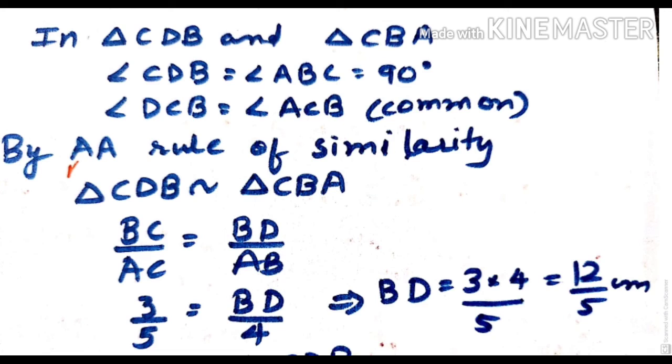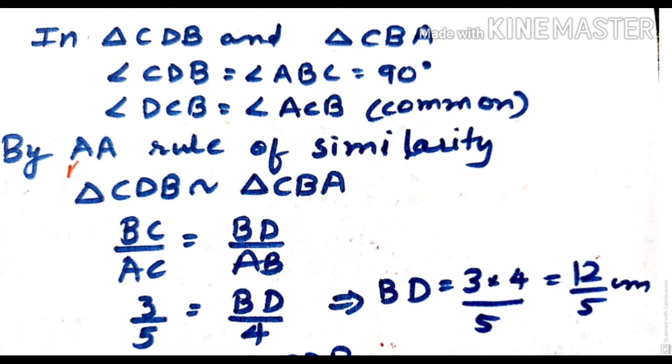This is somewhat similar to congruency of triangles, but here not exactly congruency. Similarity of triangles means if two triangles are the same in shape but different in size, then we have similarity by some conditions here, students.